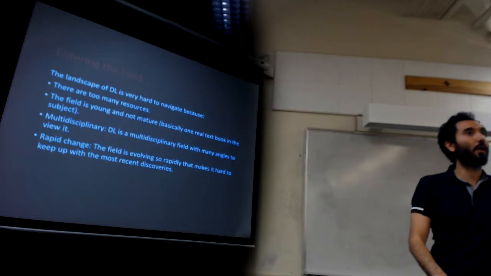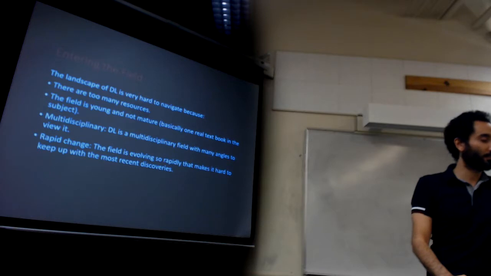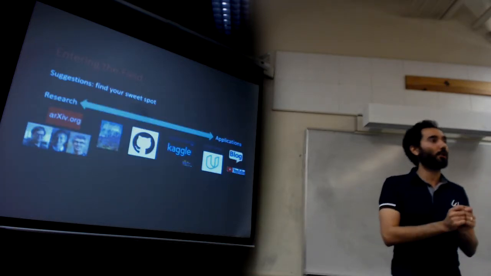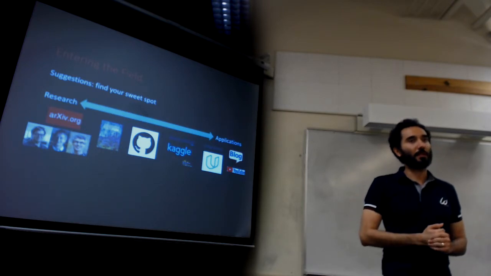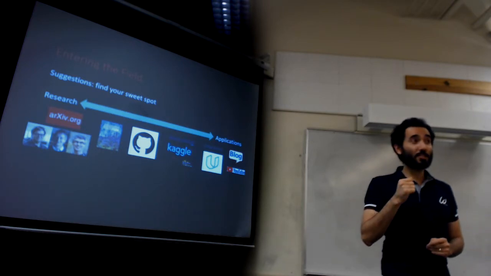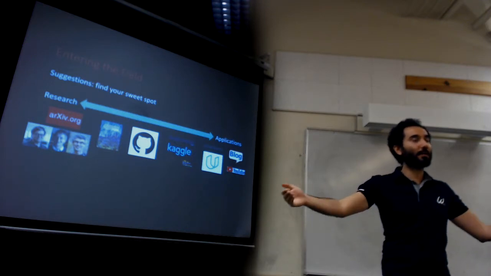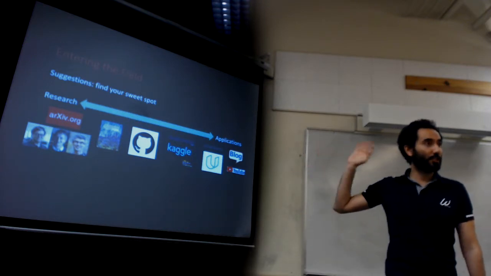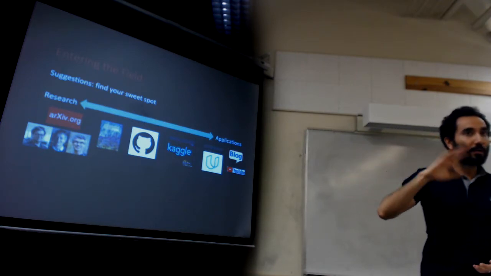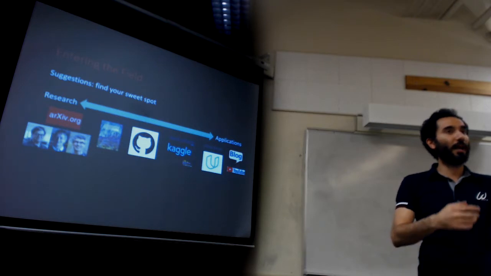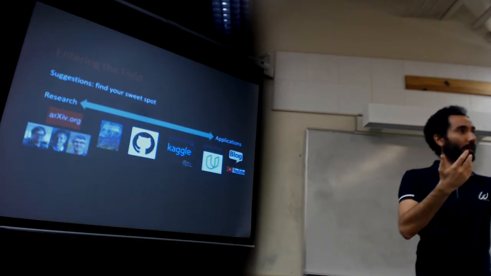I don't think these are ultimate suggestions, but maybe there's a little bit of information. And my suggestion is that first decide where you want to be in the spectrum of deep learning. Deep learning, as opposed to most other branches of science and technology, has a wide spectrum, going from very down-to-earth applications, like your cell phone taking a selfie and putting makeup on your face, right?